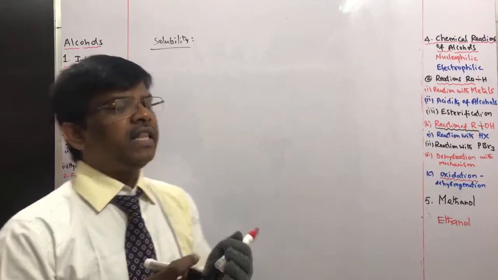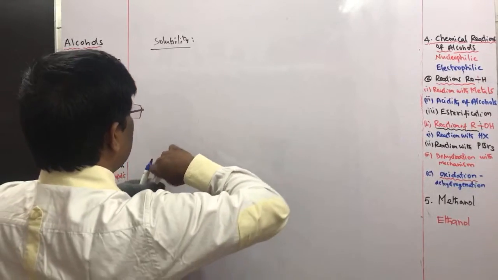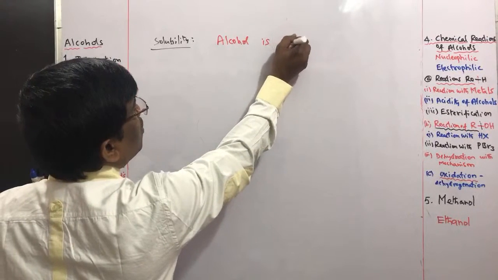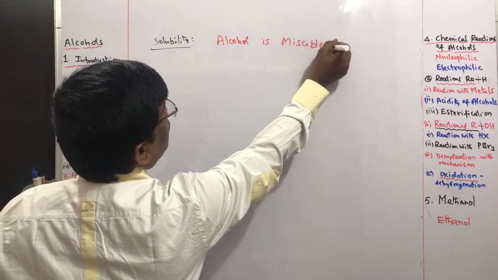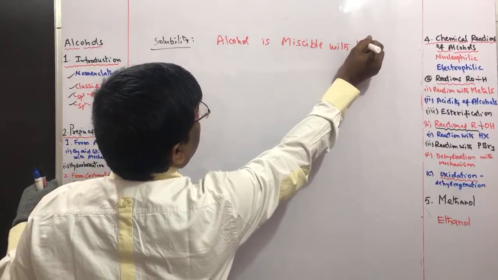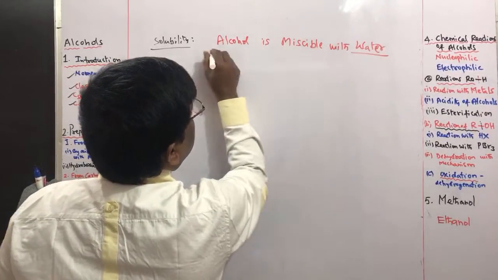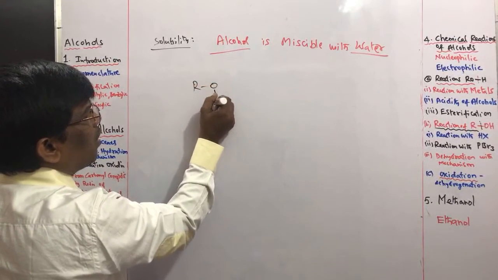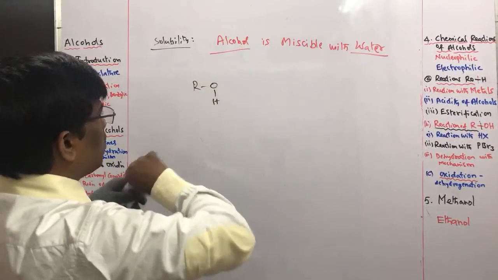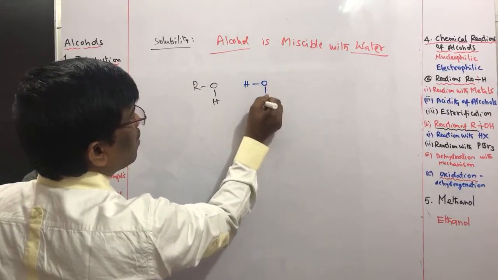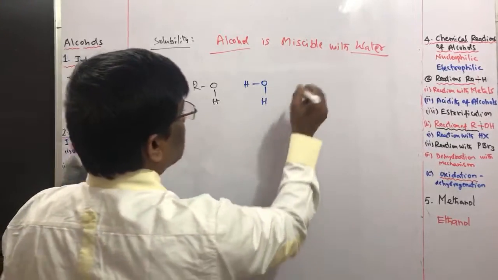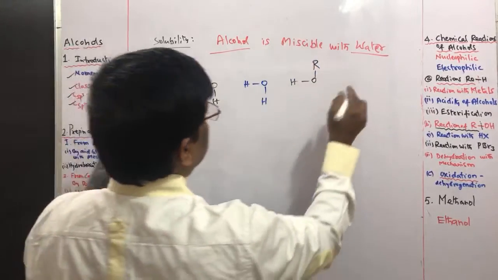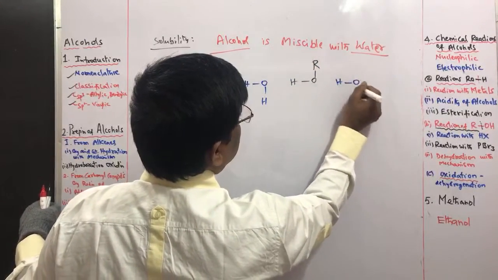So alcohol is miscible with water, because alcohol has OH and the water molecule also has OH.